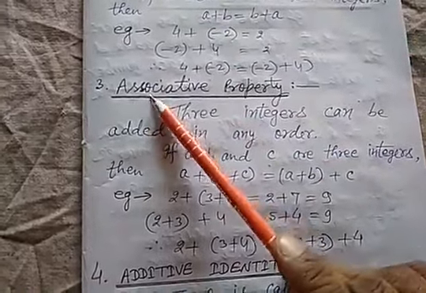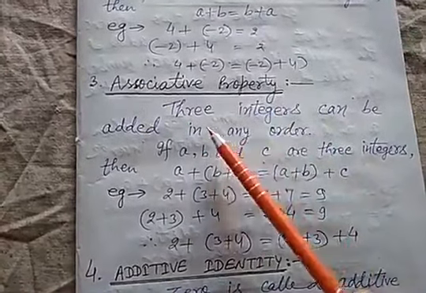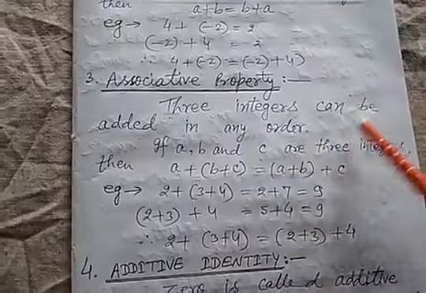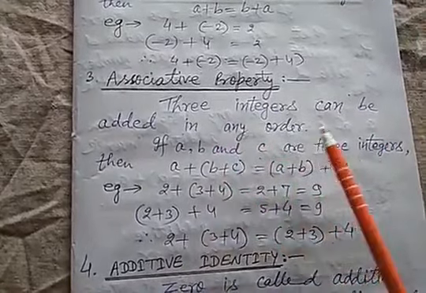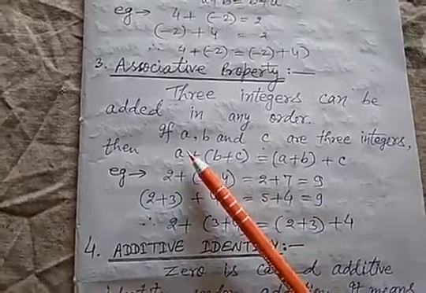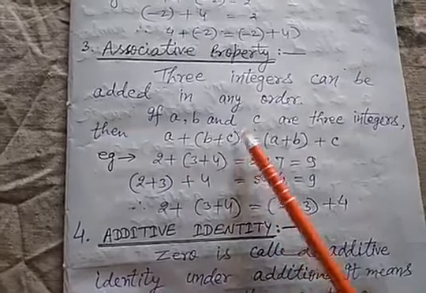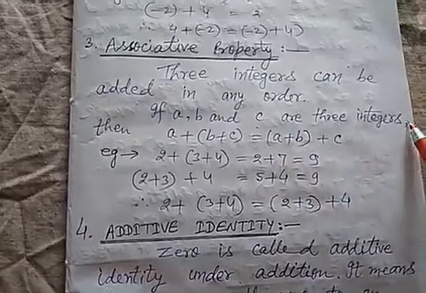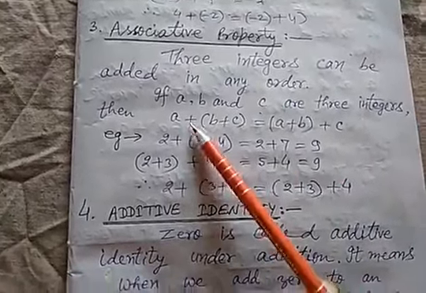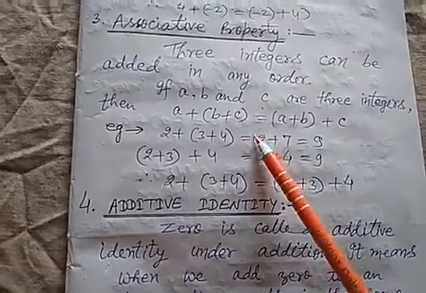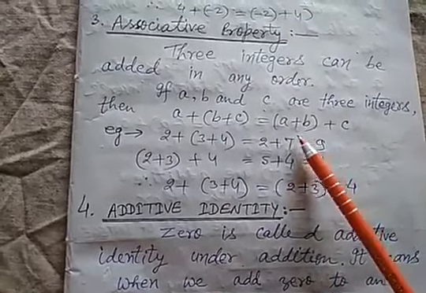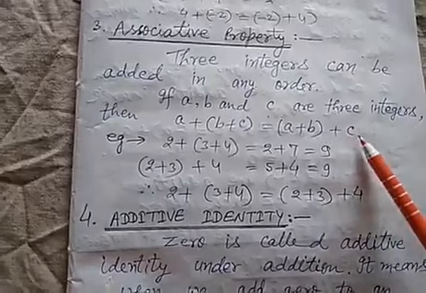Third property is the associative property. Three integers can be added in any order. If a, b and c are three integers, then a plus (b plus c) is equal to (a plus b) plus c.